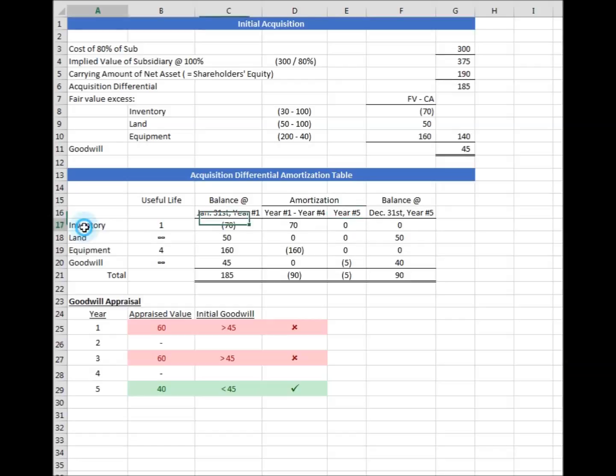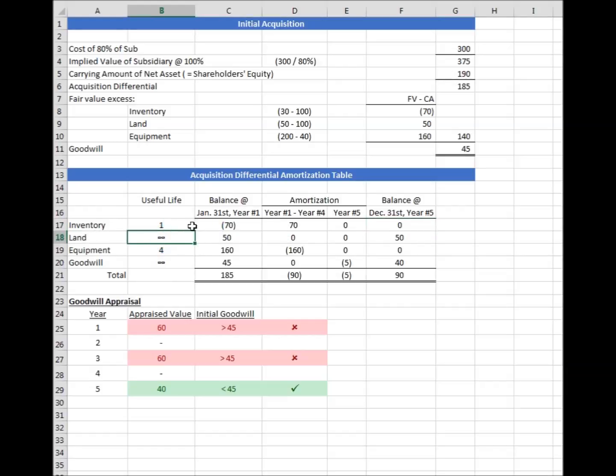All right, so inventory, we had a negative value at the beginning, a fair value excess. And since inventory is a current asset, it'll be removed from our books within a year, so that'll be gone right there. And the balance at consolidation is 0.